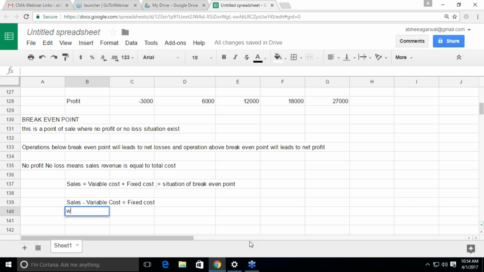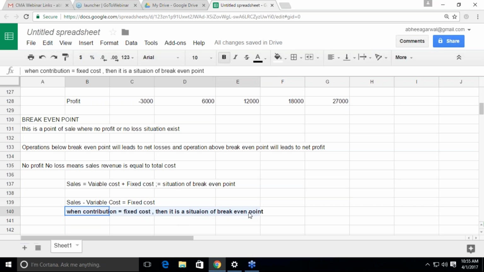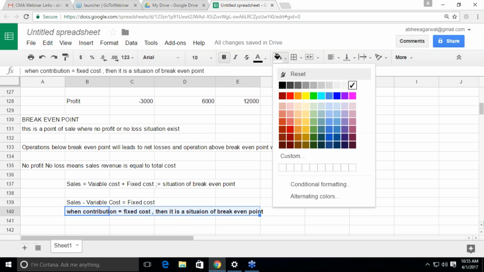That means when contribution is equal to fixed cost, then it is a situation of break-even point.